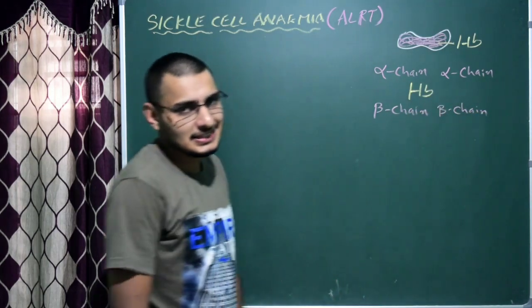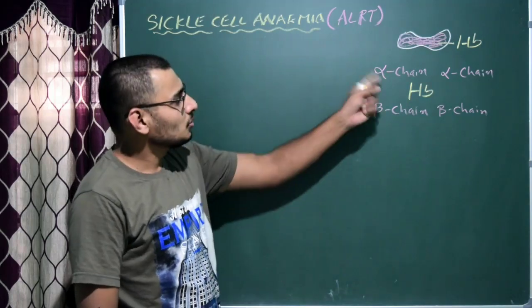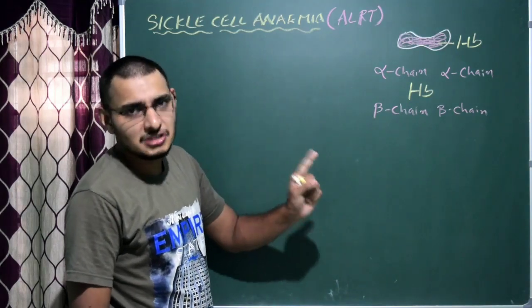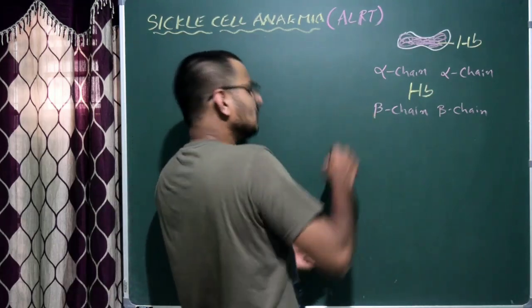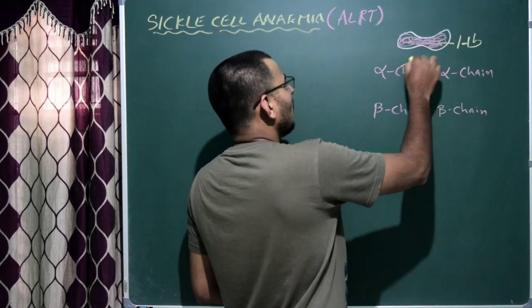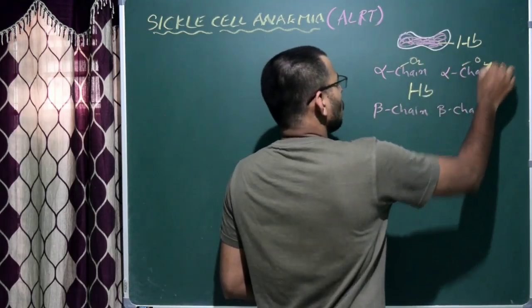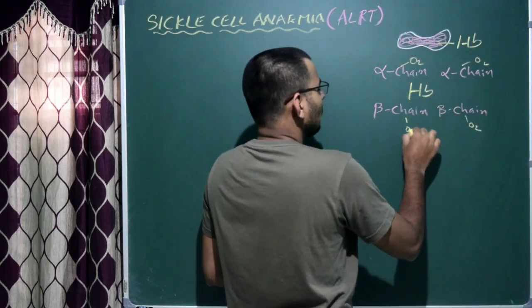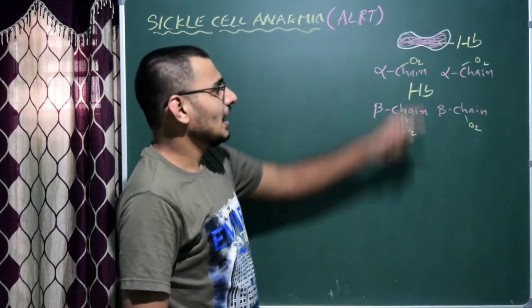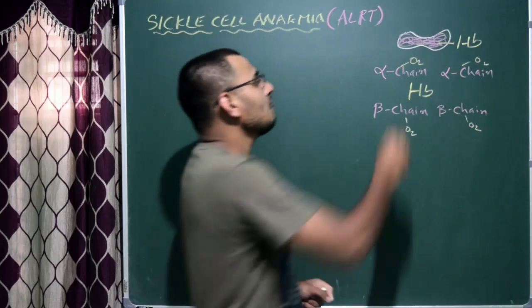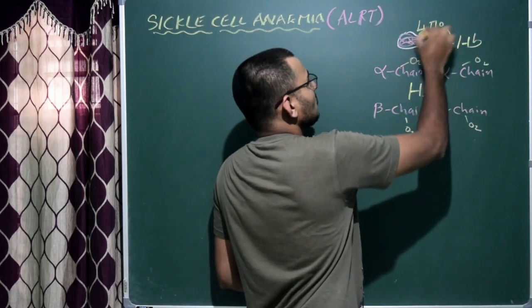Here we see a total of 4 chains, 2 alpha chains and 2 beta chains, making one hemoglobin. Each chain can bind to one oxygen molecule, so one hemoglobin can carry 4 oxygen molecules, and ultimately one RBC can carry 4 oxygen molecules. So this is the thing.